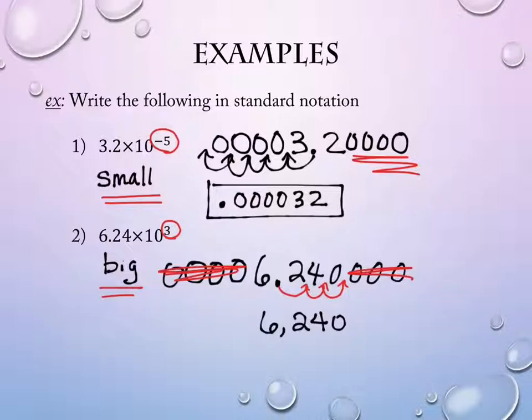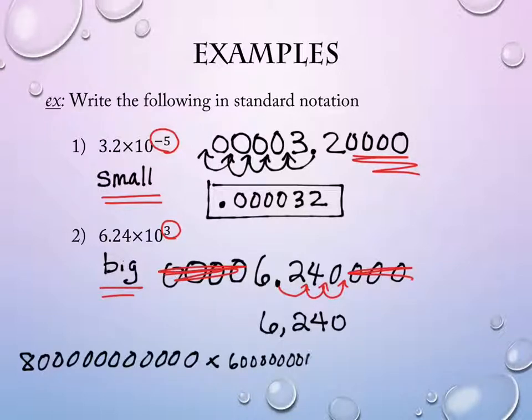For example, if I had the number, I don't know what number that is, but it's an 8 followed by 11 zeros, okay? Just bear with me. And I wanted to multiply that by a 6 with 14 zeros.